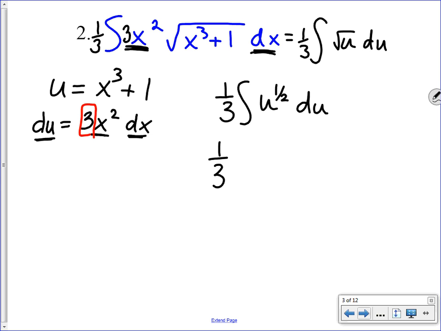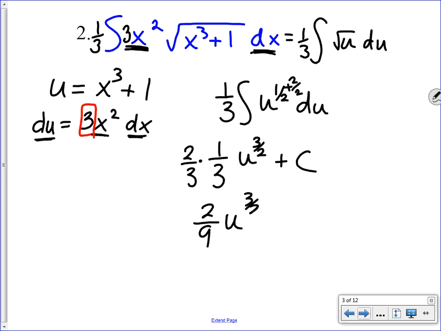So this will become u to the, we add 1, we get 3/2, divided by 3/2, which remember is the same as multiplying by 2/3, plus c. Multiply straight across, and we get 2/9 times u to the 3/2 plus c. And then the last thing we're going to do is replace u with the x cubed plus 1. So we get 2/9 times x cubed.